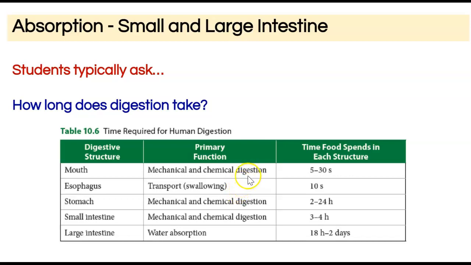The primary function of the mouth we know is for that initial mechanical chewing and chemical enzyme digestion, and that usually takes between 5 and 30 seconds. But better to be in the 30-second zone because that's just better overall for your digestive health, allows your body to break down your food into smaller pieces, and also to give your stomach time to sense fullness.